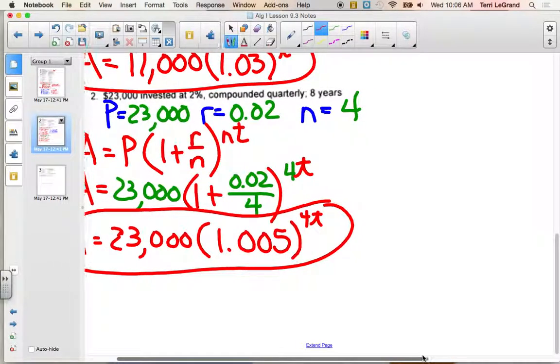And now we will use it. Go ahead and use it. Figure out how much it's going to be after 8 years. How much money is going to be in this account, compounded quarterly at 2% for 8 years.